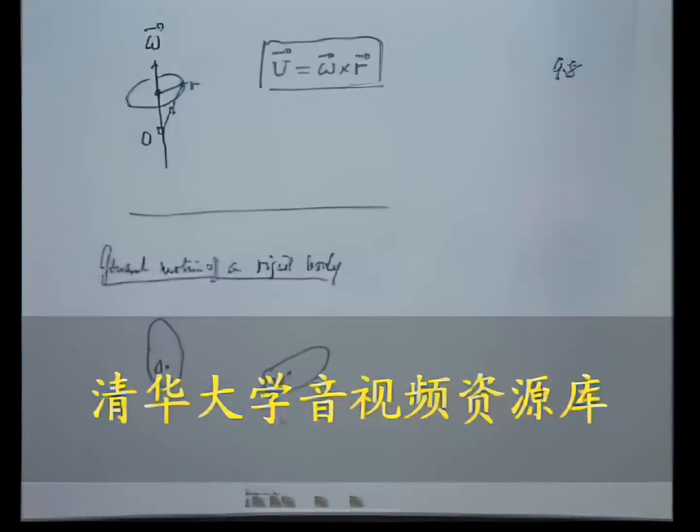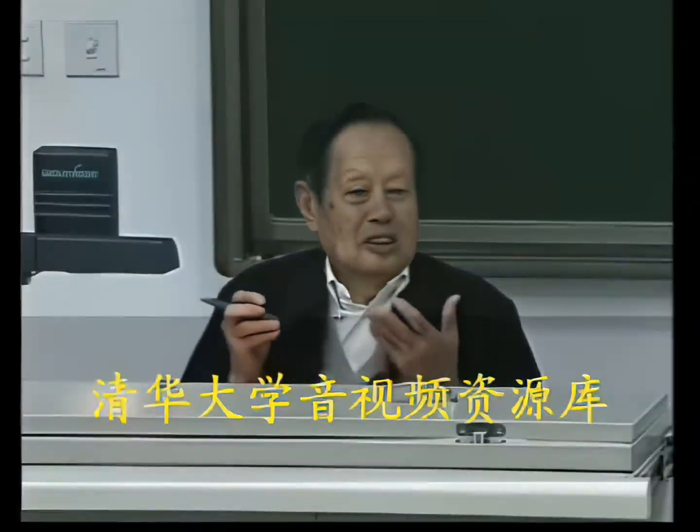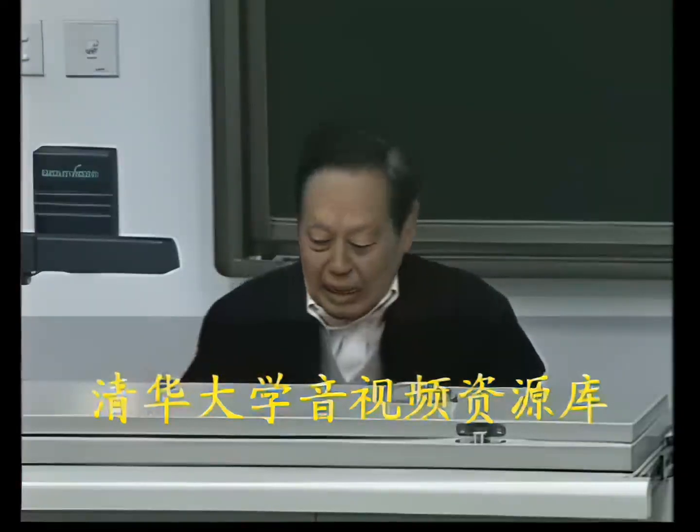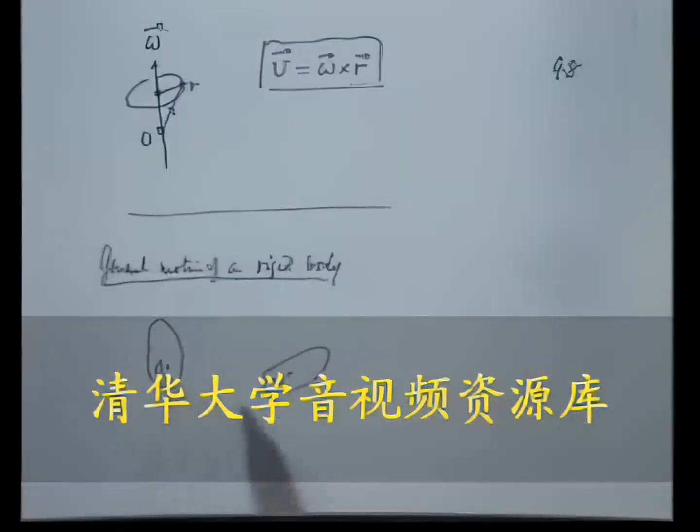So the whole thing is moving and it's rotating. It's obvious that that motion is equivalent to a movement of O to O prime. You can take any point O. Suppose it moves to O prime. So you decompose the motion into motion of O into O prime and the rotation around O.